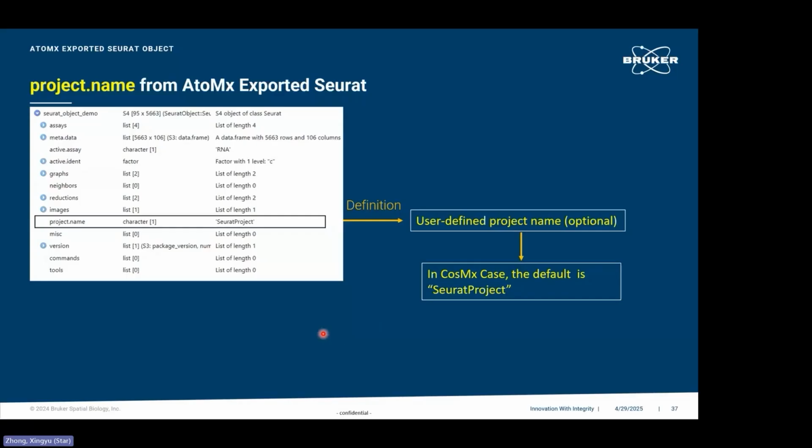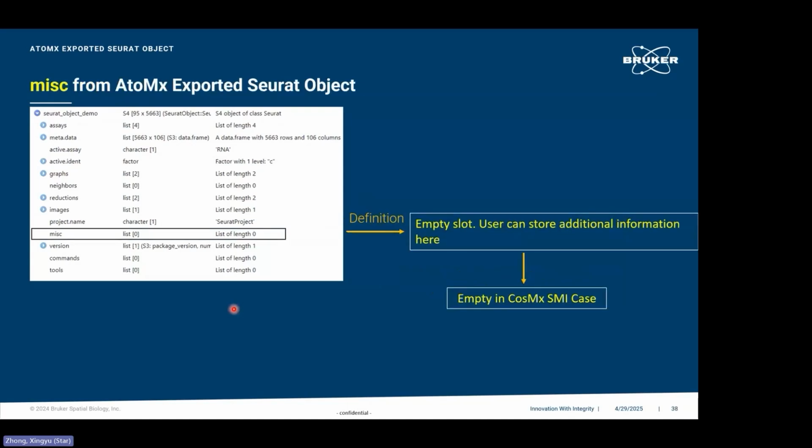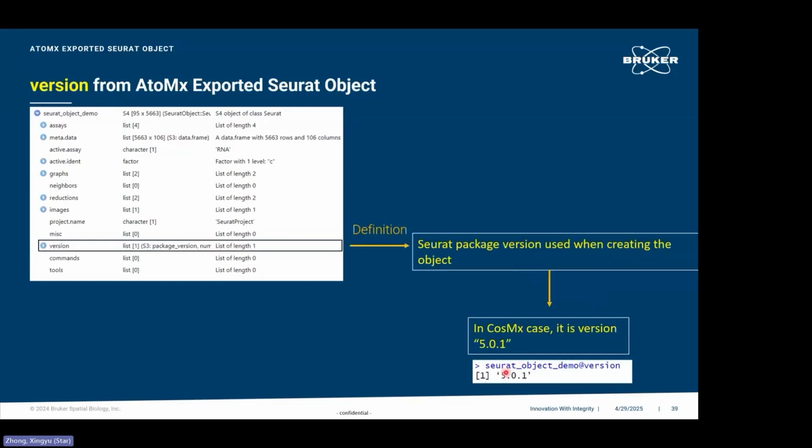The project name default is Seurat object if you export the Seurat from AtoMx, and the misc is the user defined information. Here is 0, and if you check the version, it is from Seurat version 5.